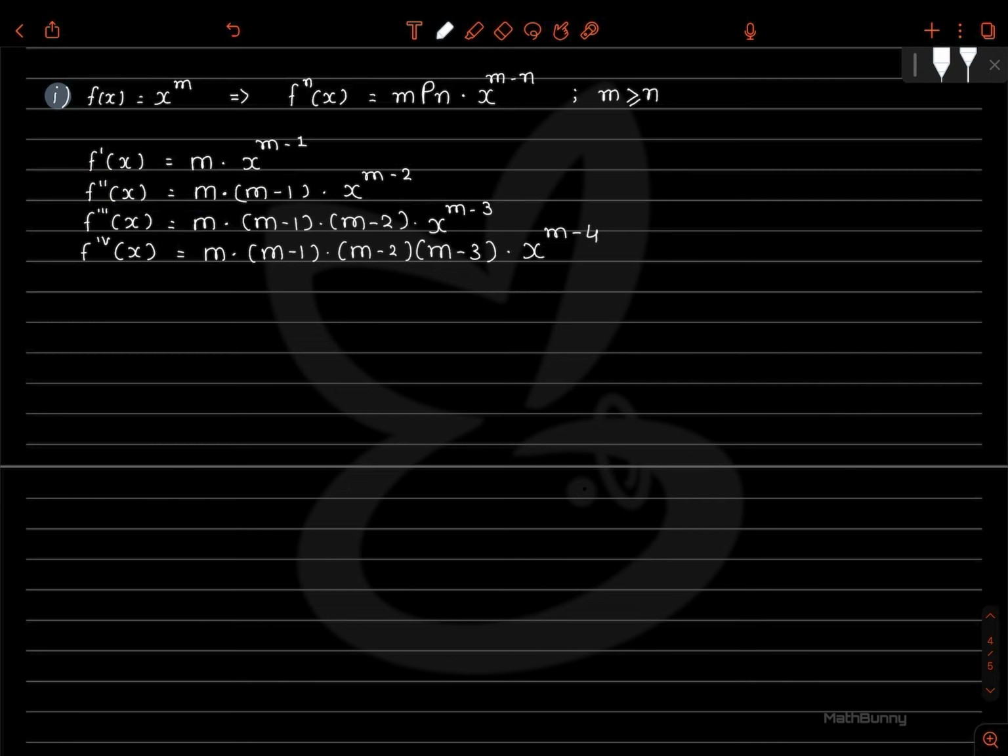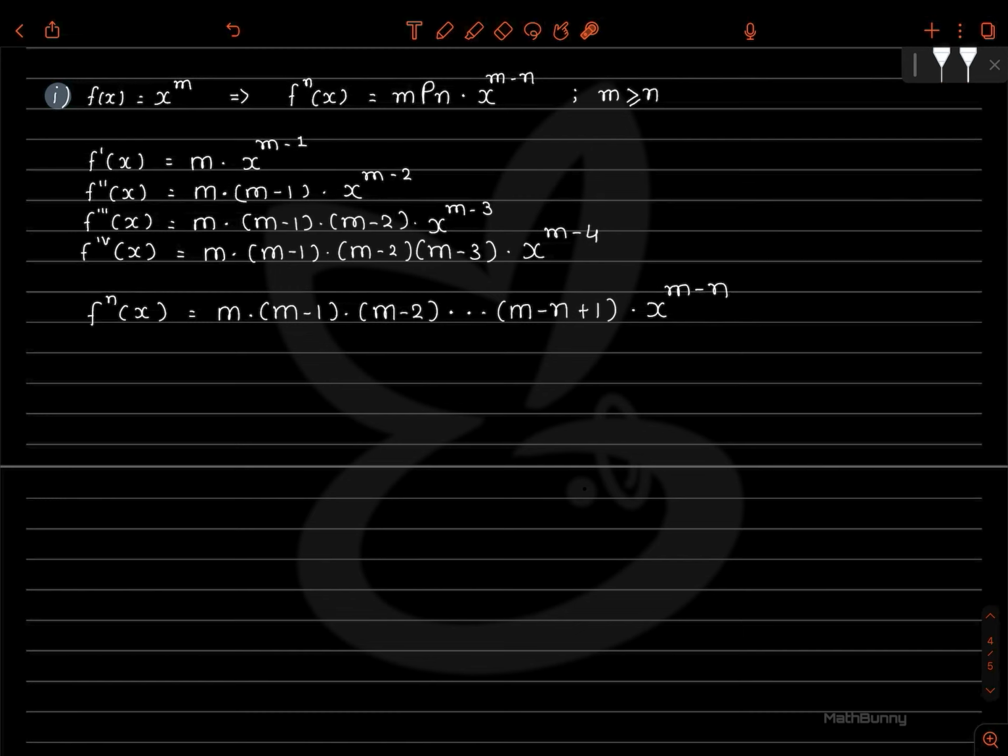So we can formulate the function for the nth derivative of f of x. We get m into m minus 1 into m minus 2 up to m minus n plus 1 into x raised to m minus n.